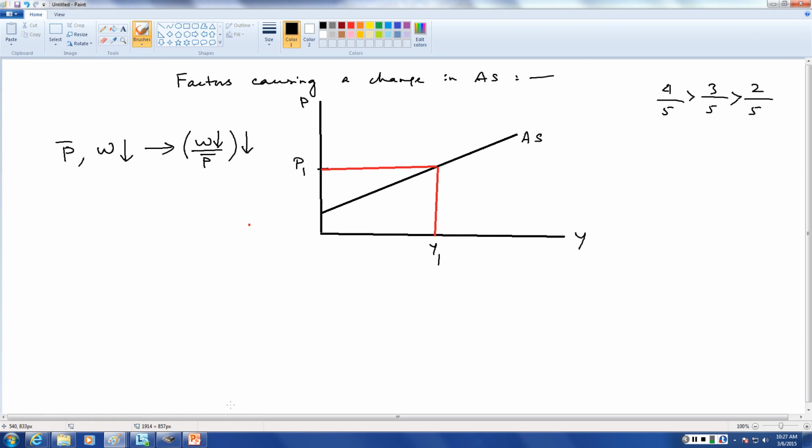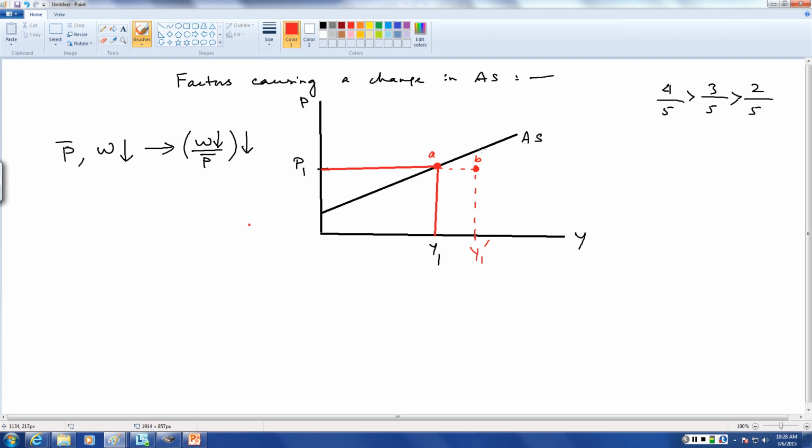Instead of GDP Y1 being produced, we are now going to have a GDP level Y1 prime being produced. More GDP at the same price level. In other words, we have a horizontal shift like this, from this particular quantity supplied and price combination to that combination. So we have a shift from point A to point B.